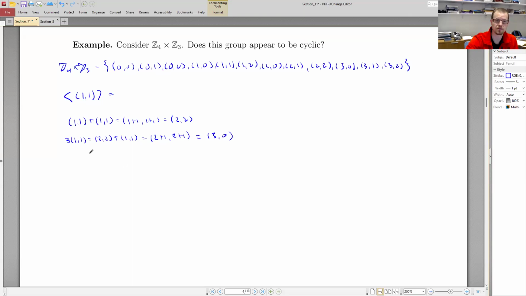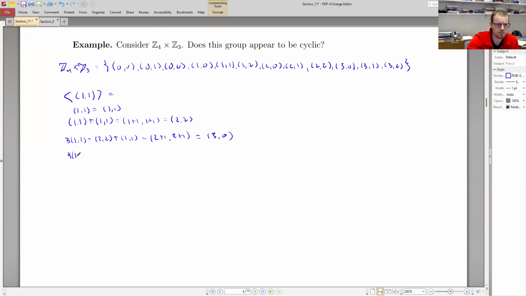That sounds great. All right, so we have what the two of them together give. Of course, (1,1) itself is just (1,1). So that's in the set. This is in the set. That's in the set. All right, the subgroup or the group, whatever it turns out to be.